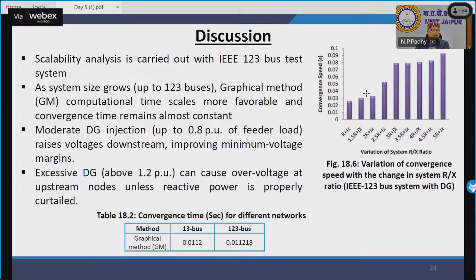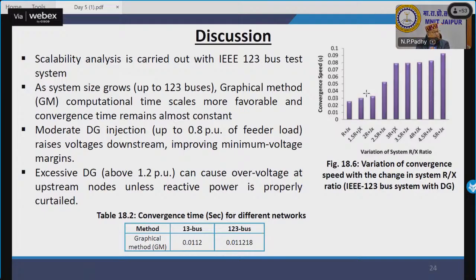Means what they are arguing, if it is a three-phase system, in case of the classical technique, it is a huge challenge. Even forward, backward, if you recall, what we have to do, you have to assume this is 111. Then you calculate the load current and then the line current, and then you come back and calculate the voltages. So every time you have to go in a three-phase way, so the voltages are not the same.